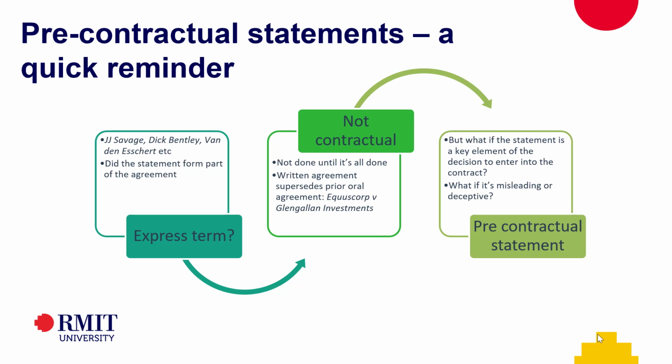And of course, things like puffs or inducements. And then lastly, we need to think about statements that are a key element of a person's decision to enter into a contract, particularly if those statements might be misleading or deceptive.